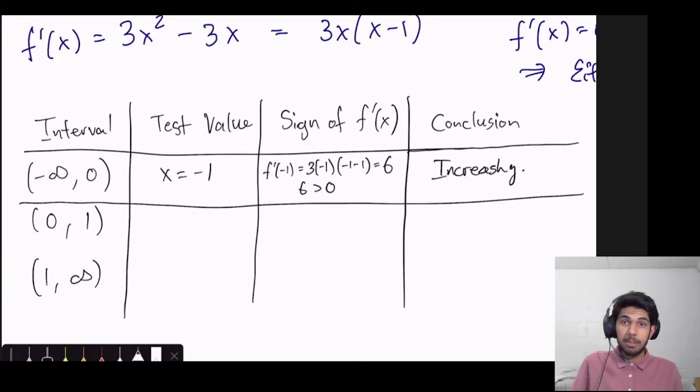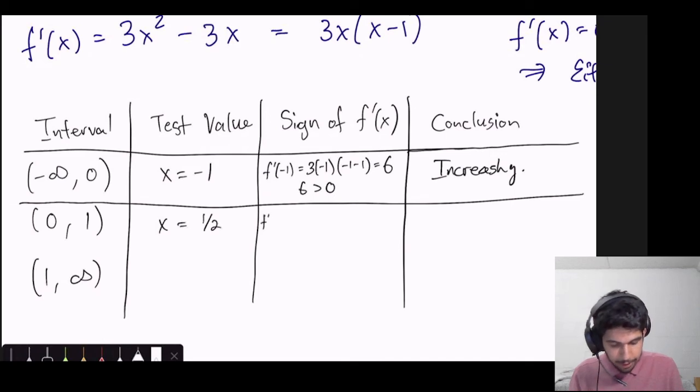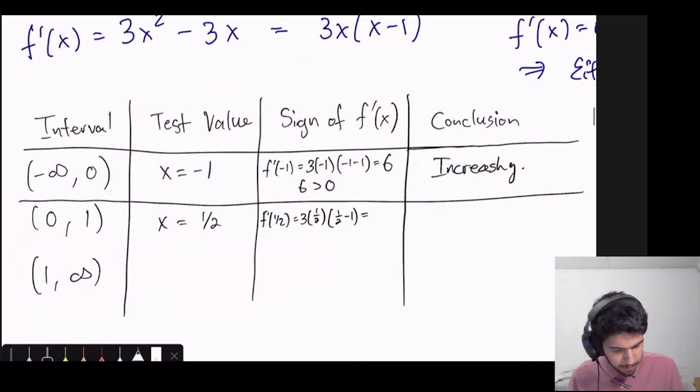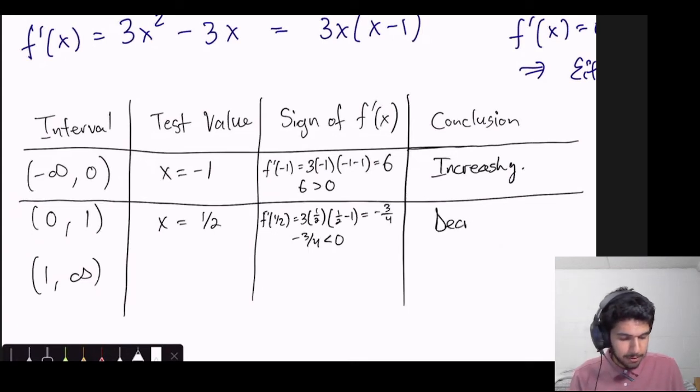So now we'll do the second interval, 0 to 1, and we do the same thing. We choose a value, x equals 1/2 this time, because why not? F prime of 1/2 equals 3 times 1/2 times 1/2 minus 1. This is equal to -3/4, I believe. And we can see that -3/4 is less than 0, which means that the function is decreasing on this interval.